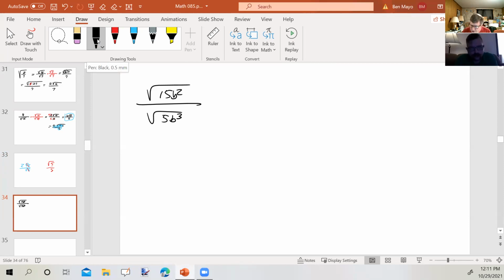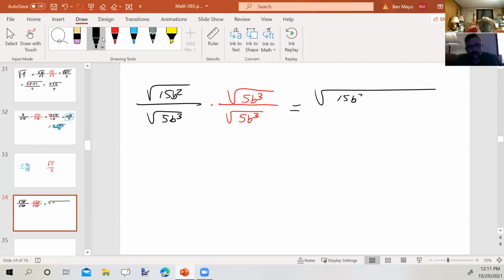So I want to rationalize the denominator. The most obvious first move would be to do this, because that would give me that. Now I'm not done, but that would immediately rationalize the denominator and I could go from there.